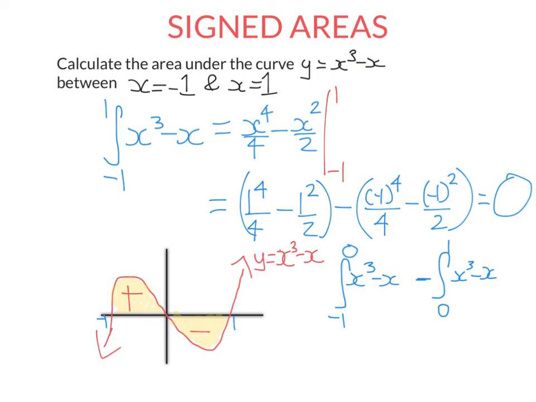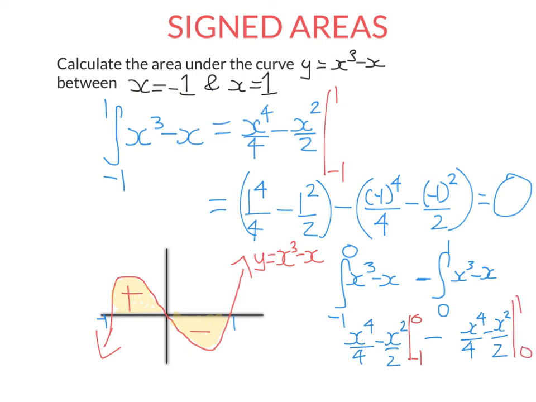I know that the antiderivative is x to the power of 4 over 4 minus x squared on 2. That part hasn't changed, but I'm going to evaluate it at different points. Here I'm going to evaluate it between -1 and 0. And here I'm going to subtract the same antiderivative, but this time evaluated between 0 and 1.